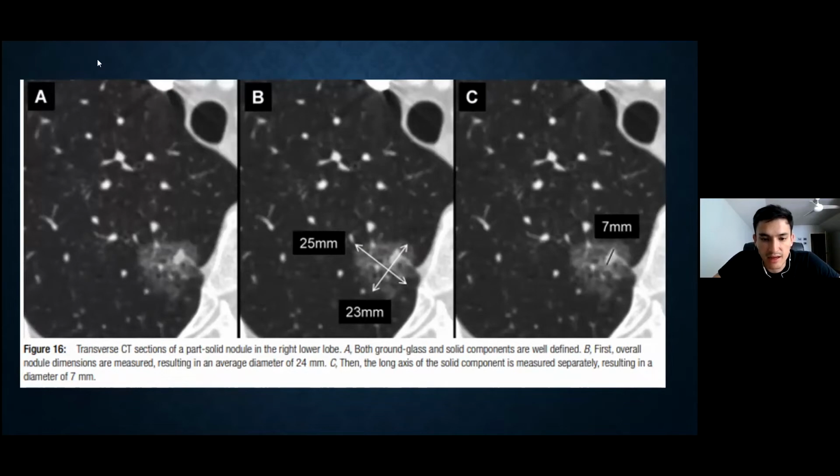The guidelines recommend that if the nodule is bigger than 10 millimeters, just report the long and the short axis, and that's it. And if the nodule is less than 10 millimeters, report the nodule as the average of the long and short axis. And for partial solid nodules, if the solid component is more than 3 millimeters, then just report the long axis of the solid nodule.